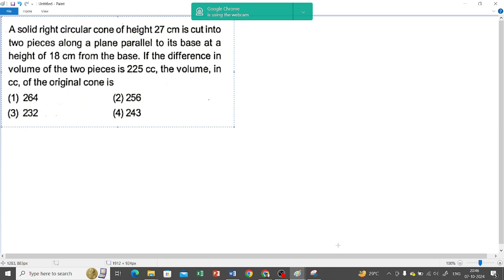You have to know the formulas very well for solving geometry and mensuration sums.